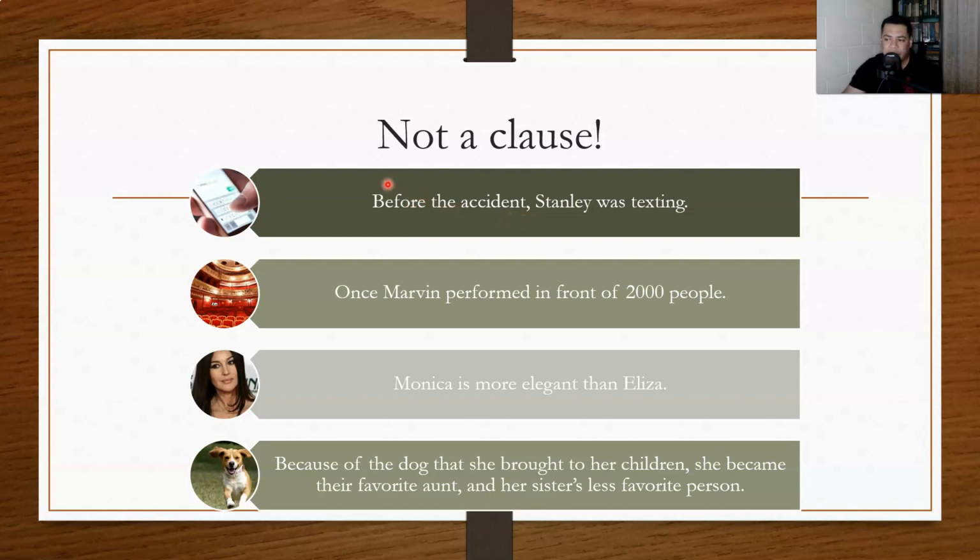What's more, if you check the dictionary, you will find that the word before, and I want you to remember this concept that I taught you when we were studying English Grammar 1, which is the principle of conversion, of the polysemy of the different words in the language.